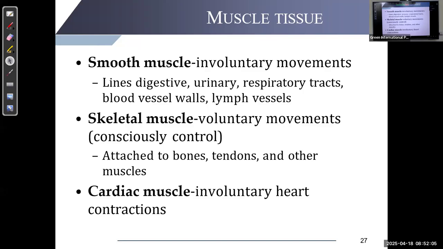Voluntary movements. Where are those situated? Limbs, lower extremities, bones and tendons. Voluntarily we are picking, we are moving it. We are able to have control on those. Then cardiac. What is that function? It is involuntary. It keeps beating.